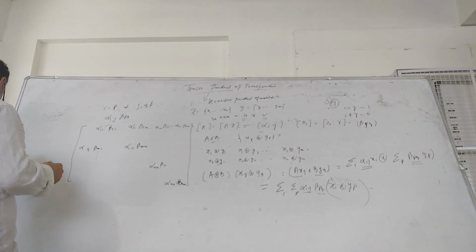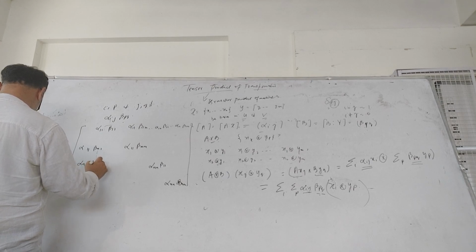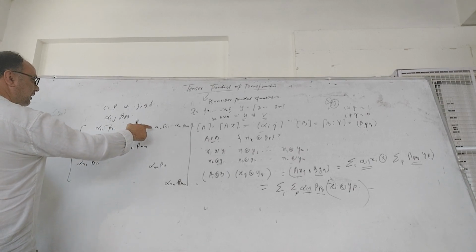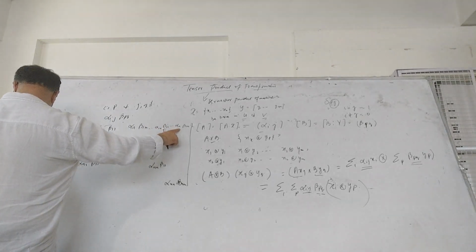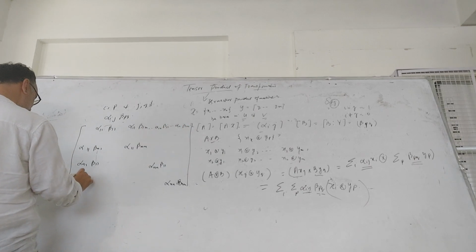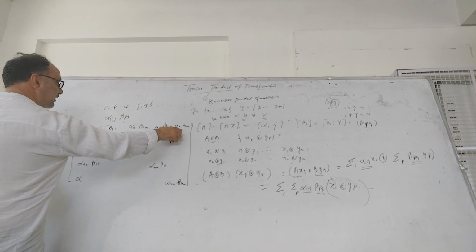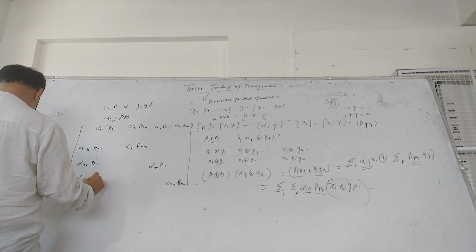The other elements you can see, alpha n1, beta 1n. So if it's 1n, it will be n1. If it's 1m, it will be n1. It's m1.